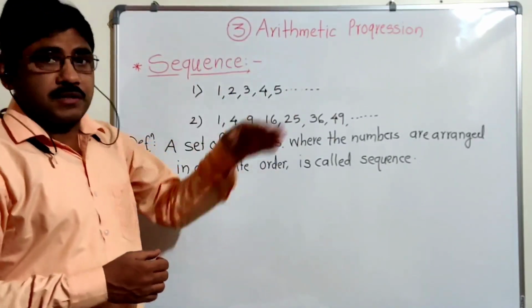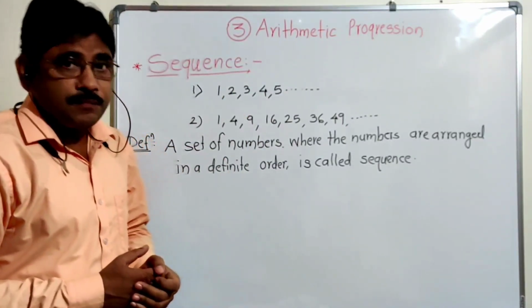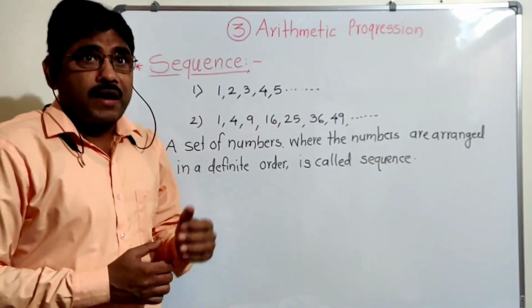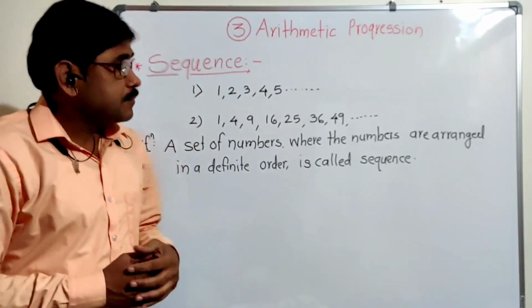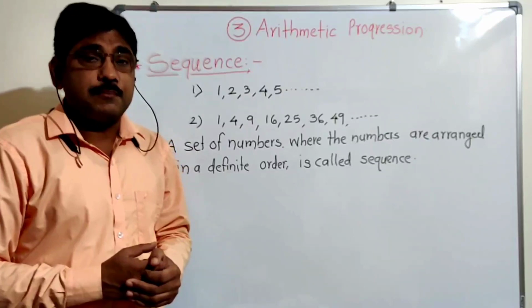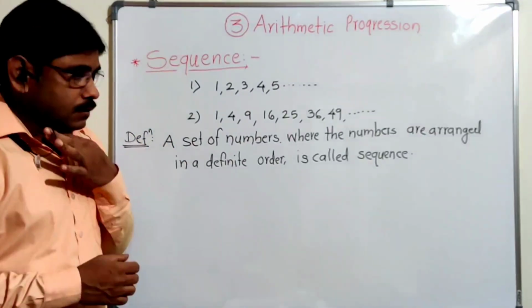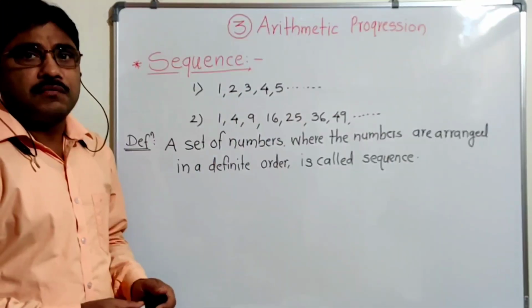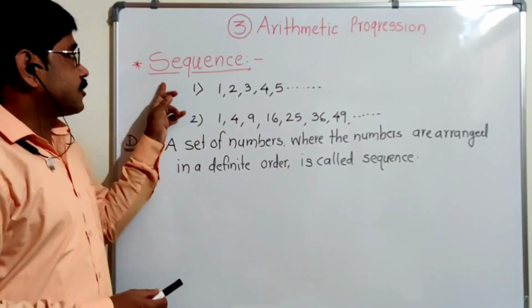Here it is the third chapter, arithmetic progression. In arithmetic progression, we have to study the following points: sequence, then arithmetic progression, then nth term or sum of n terms of the AP. Now the first concept is sequence.